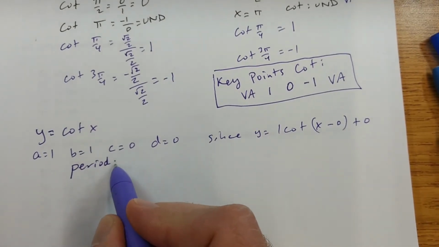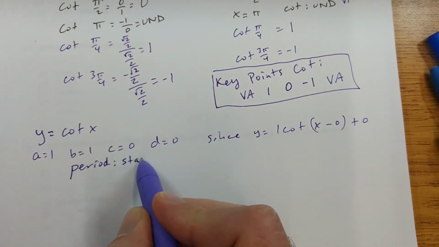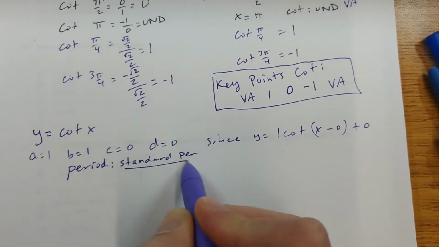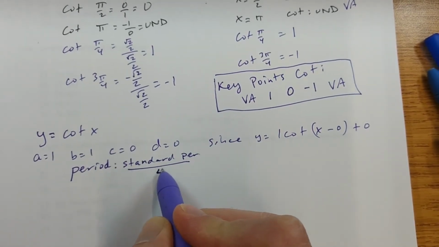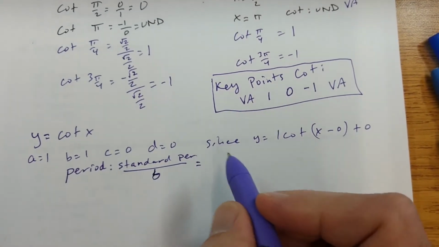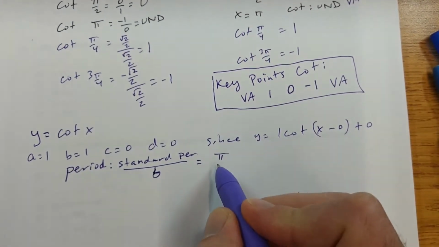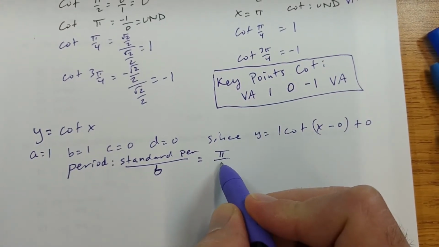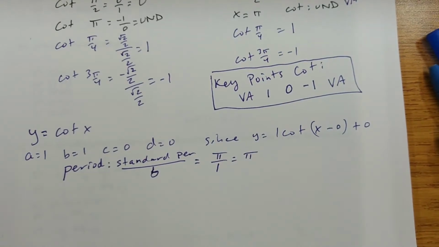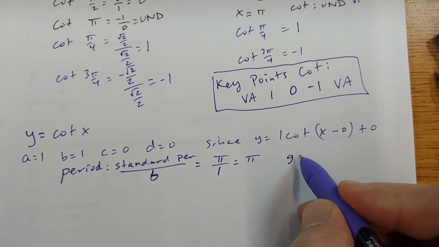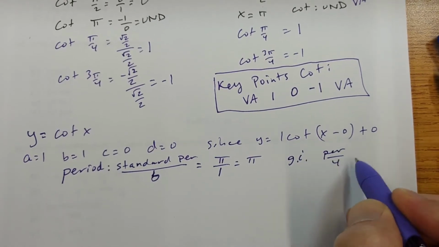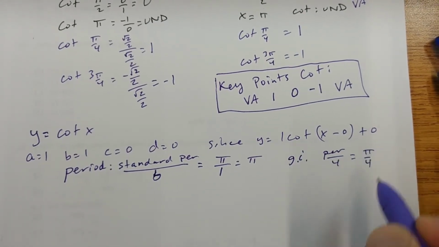But here remember that we have the standard period divided by the b value, but in this case the standard period is pi because the tangent goes through pi radians for one period, so this is equal to pi. We'll still find our graphing increment the same way as our period divided by 4, which in this case is pi over 4.